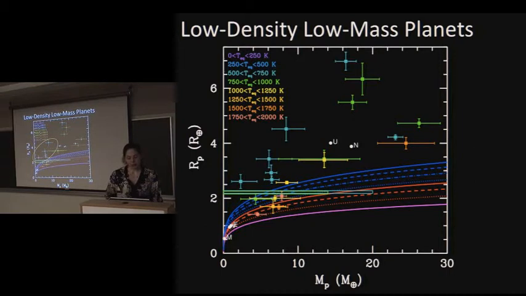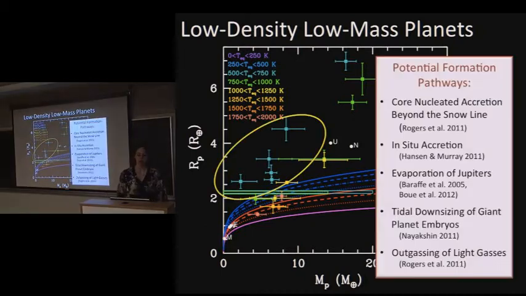And the nature and formation of these planets is still a very interesting question that's not completely resolved, but a number of formation processes have been proposed, and I just listed these there.